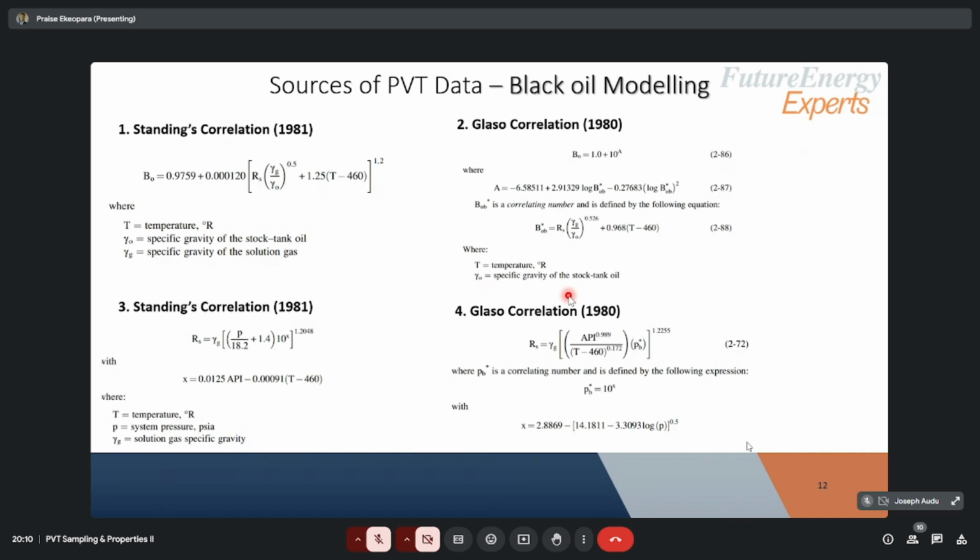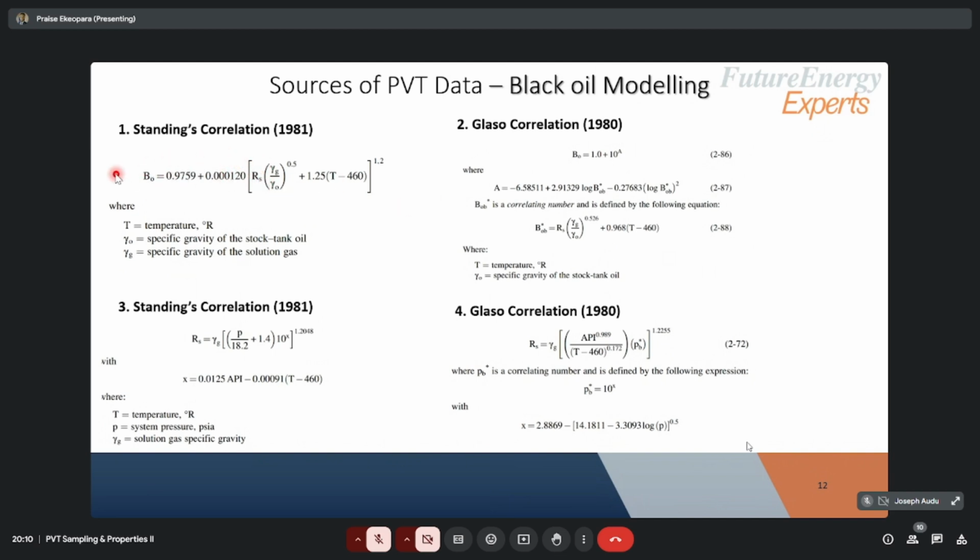You now modify those mathematical algorithms to extract a correlation that can help you to make some estimates about our PVT parameters. So you see your BO, this is for Standing, I just use Standing.